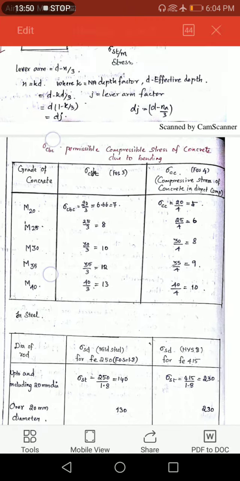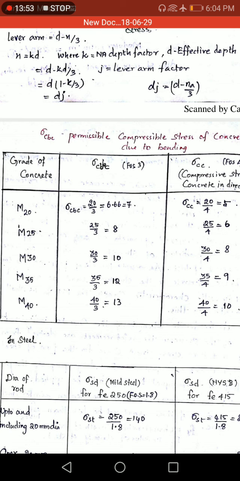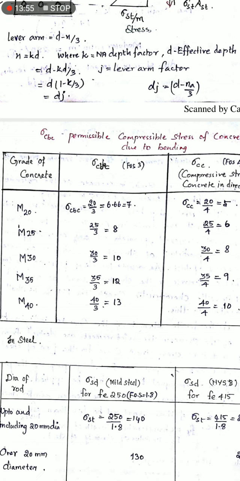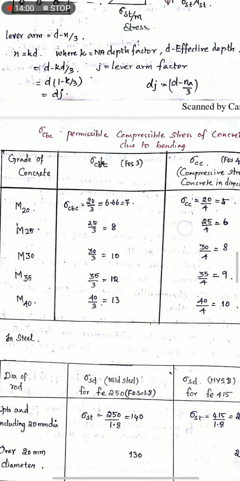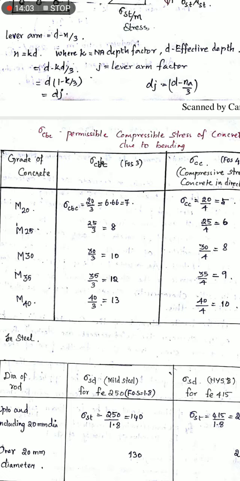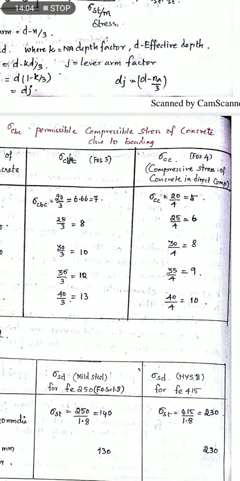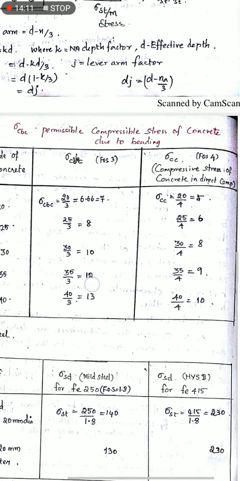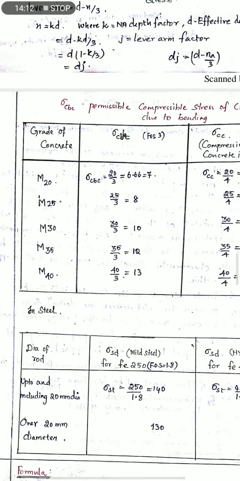Here two terms are used. One is sigma CBC, another one is sigma CC. Sigma CBC means permissible compressive stress of concrete due to bending. Then sigma CC is the permissible compressive stress of concrete in direct compression.